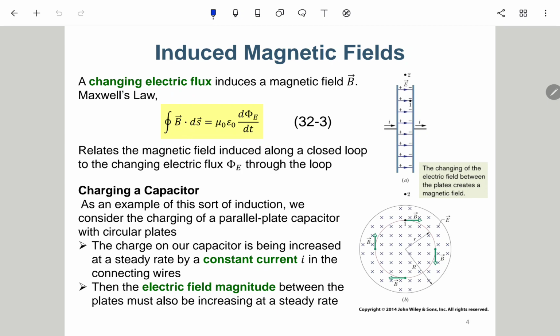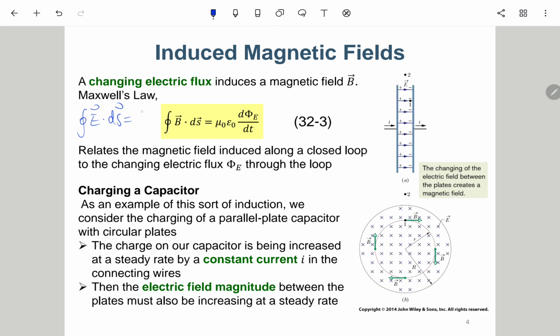Comparing with Faraday's law, it is the integral of E dot ds equals negative d phi B dt. If you like, you can also multiply by N here, or you may absorb this N into phi B so it looks more elegant.